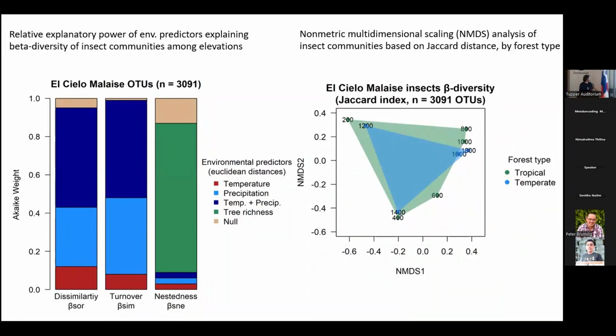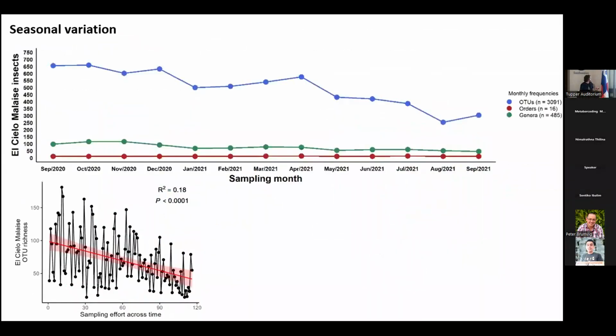If you look at the beta diversity by forest types, and we divide it into these two groups, we see that this temperate fauna is not very different, but it's embedded into the broader tropical fauna.